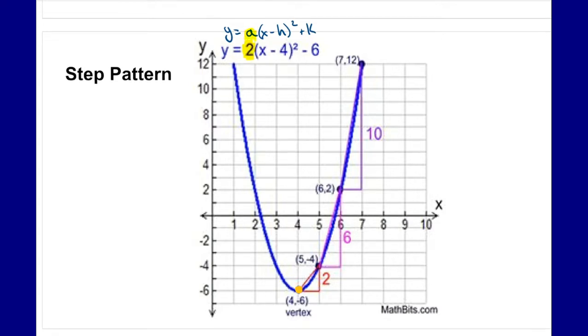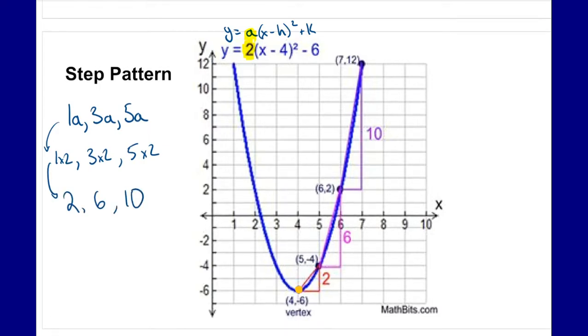So in our step pattern, the general form 1a, 3a, 5a becomes 1 times 2, 3 times 2, and 5 times 2, which simplifies to 2, 6, 10.